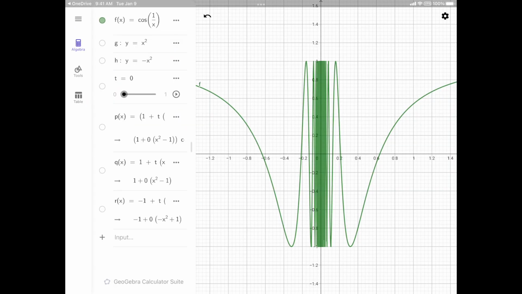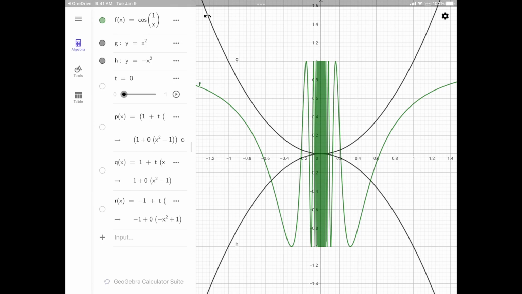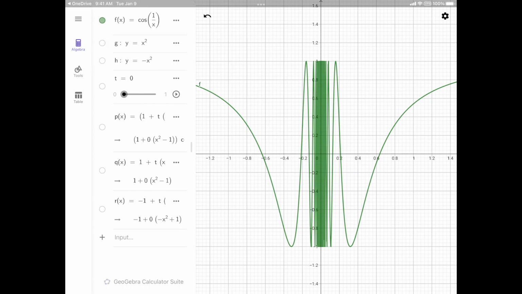Let me outline for you graphically how the squeeze theorem works. So you have this original green function that we had before, and these are the two parabolas that we're going to squeeze our original graph between. So I'll hide them for now.